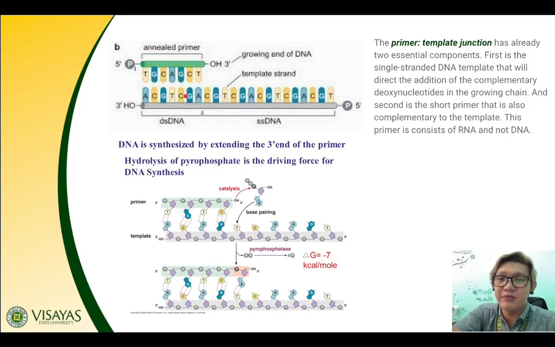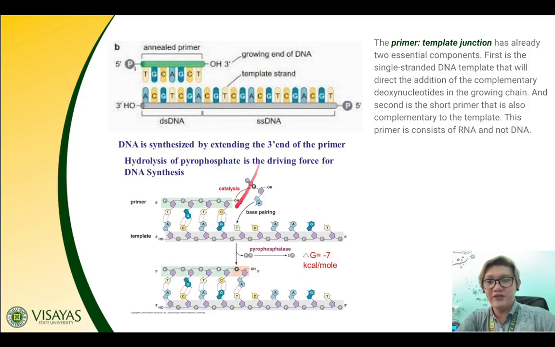DNA is synthesized by extending the 3' end. So the strand to be synthesized is from 5' to 3', because the direction is at the 3'.